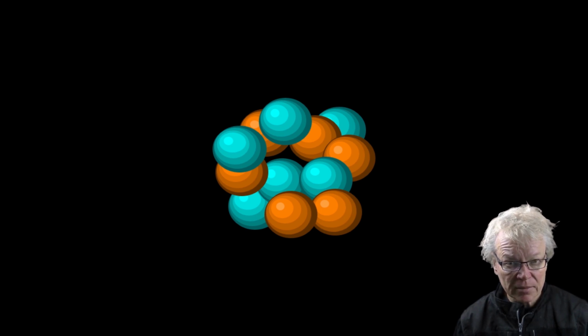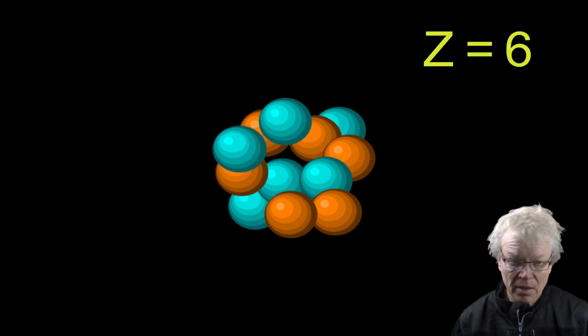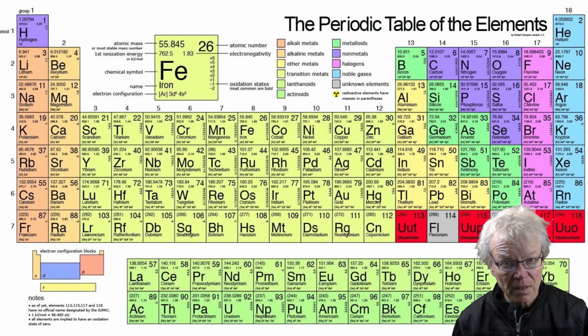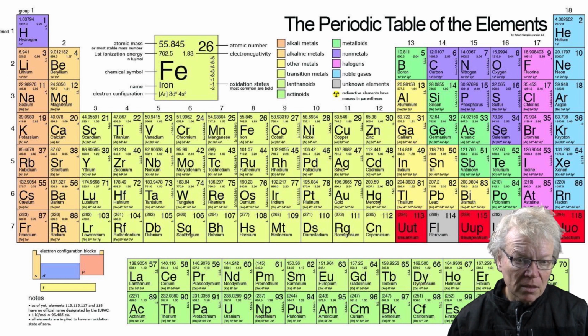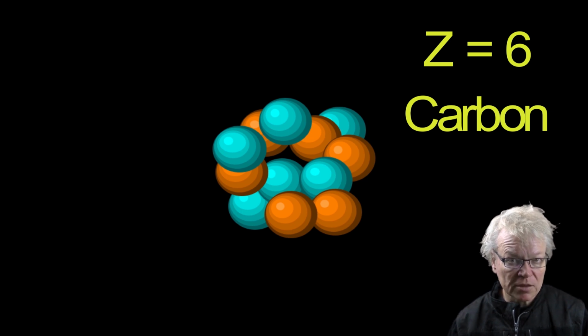So that's how many protons there are. So what's its Z number? Its Z number is 6. And if we look at our periodic table of elements, you can see there that the element with the atomic number of 6 is in fact carbon. So that element is carbon. Carbon is the only element with 6 protons in its nucleus.